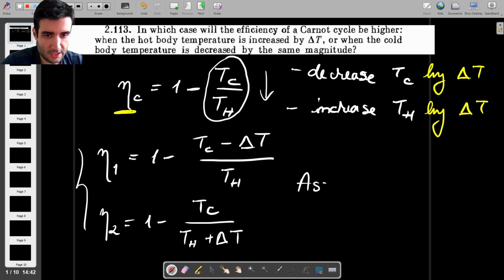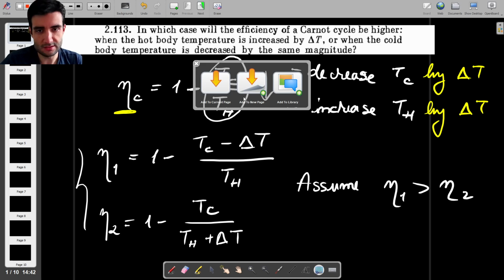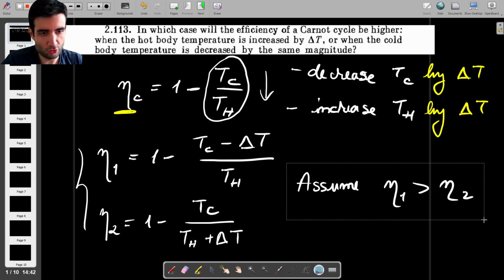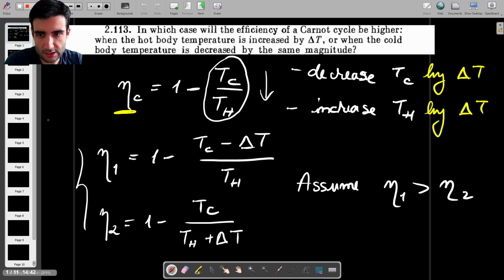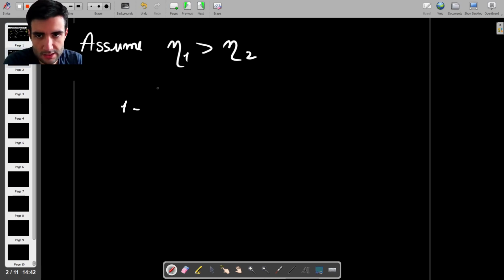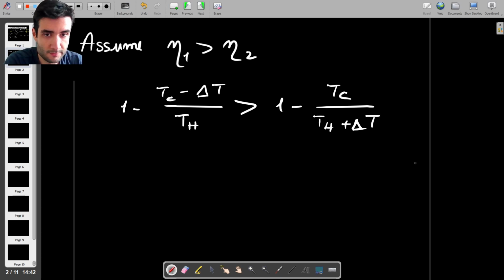So I'll say, okay, let's assume that eta 1 is greater than eta 2. You can do it the other way around, and the only reason I'm making this assumption is to be able to create this inequality. So let's write eta 1. Eta 1 was 1 minus T cold minus delta T over T hot. And let's check if this is actually greater than 1 minus T cold over T hot plus delta T. So we can subtract 1 from both sides.